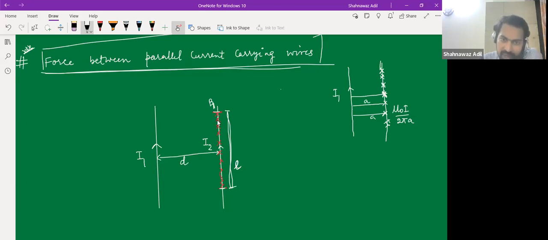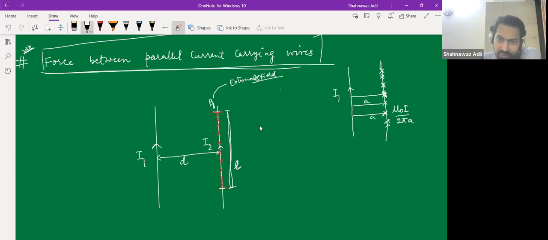Now we have this magnetic field, the external magnetic field, and we have this I2 current. So I2 current is in the upward direction and the magnetic field is in the inside direction.